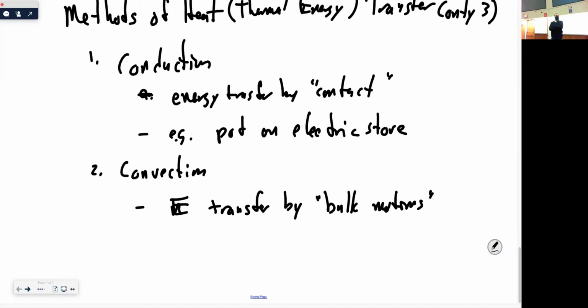Yes, at certain levels. Although also, if I mail my grandmother a hot bowl of soup, that is technically convection, right? Because that is energy transport. I'm moving my hot soup, the entire thing, from one location to another location. That's energy transport by bulk motion.